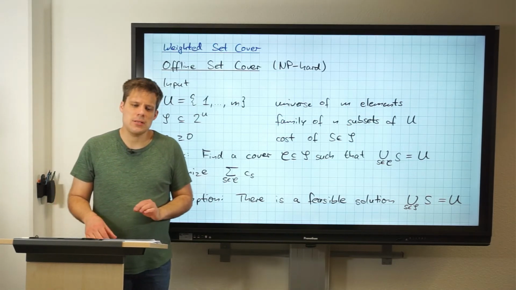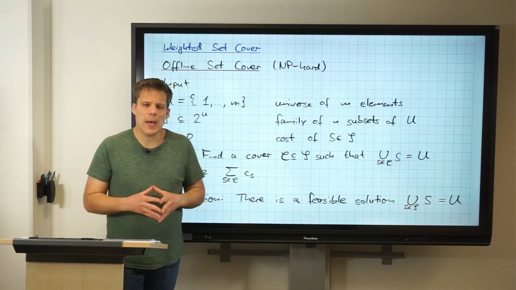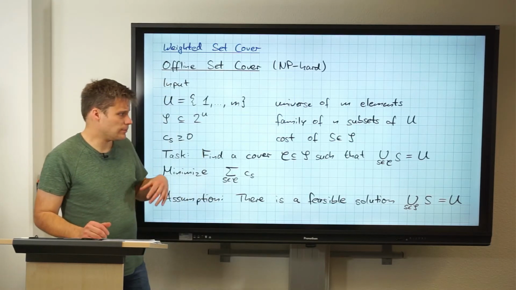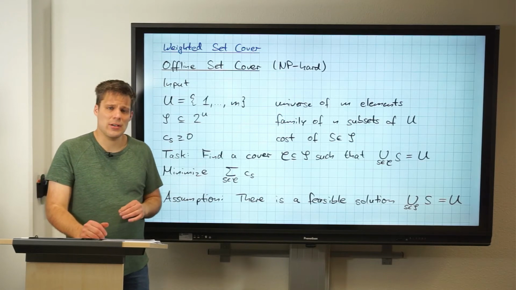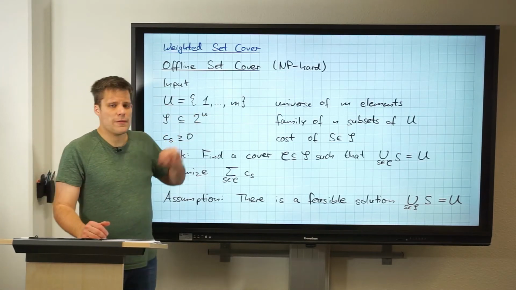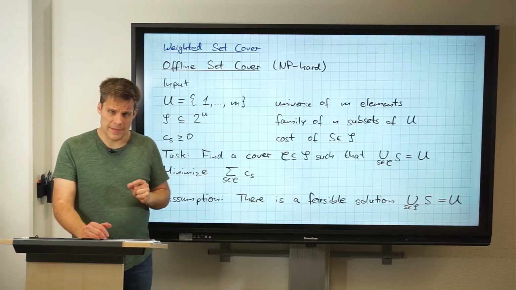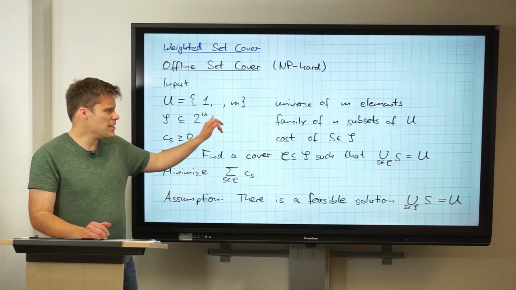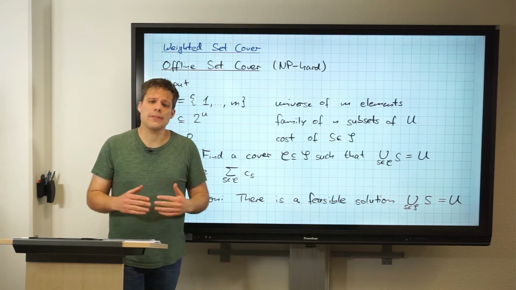How do we turn this into an online problem? Well, there can be many online problems of interest. We'll turn this into an online problem as follows. This set U of M elements is what arrives online. So this is revealed to us one after the other.